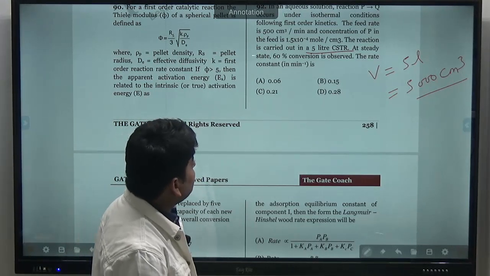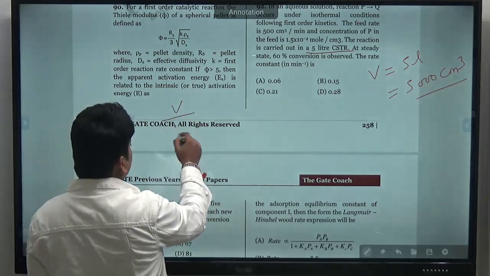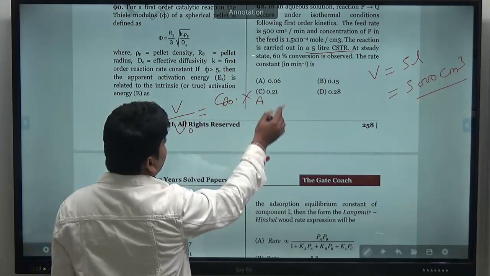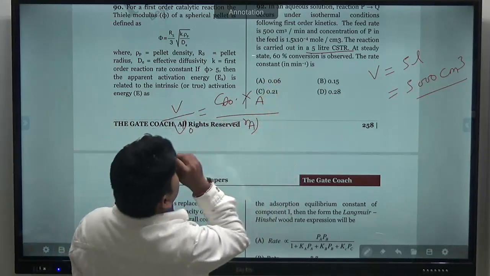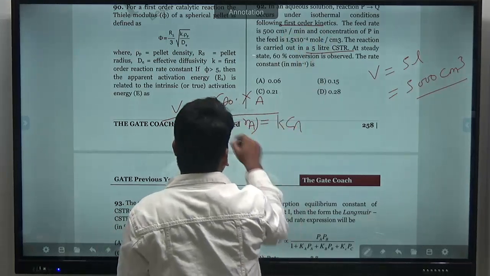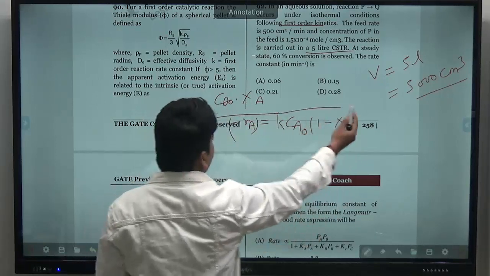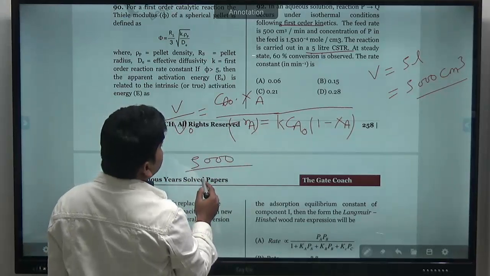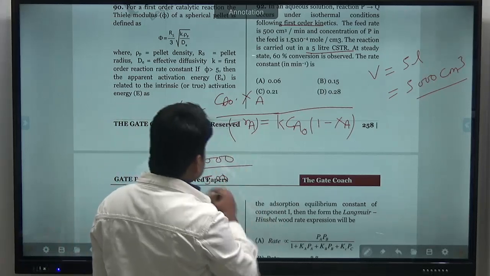रेट कांस्टेंट बताना है. फर्स्ट MFR है. See, for MFR we know the design equation is V by V naught in terms of volumetric flow rate is CA naught into XA over minus RA for first order reaction. Now let's put the values. V is 5,000, V naught is 500 cubic centimeter per minute.